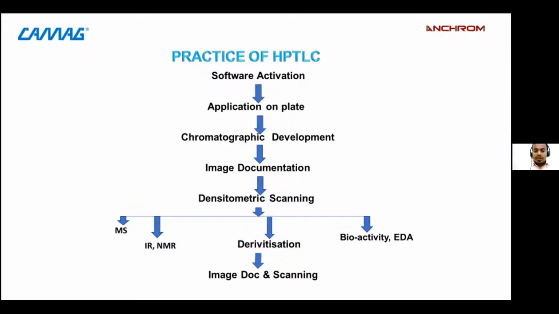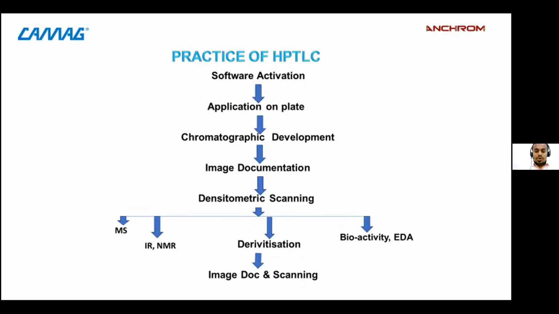After the development, the next step is image documentation. You need to capture the plate in three different illuminations: UV, visible, and fluorescence light. Next step is densitometric scanning. Depending on the components, you can go for single wavelength scanning, multi-wavelength scanning, and spectra.